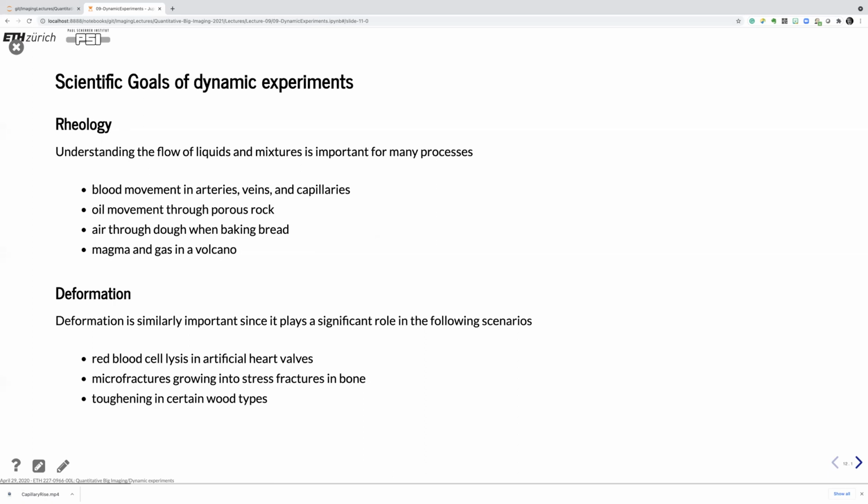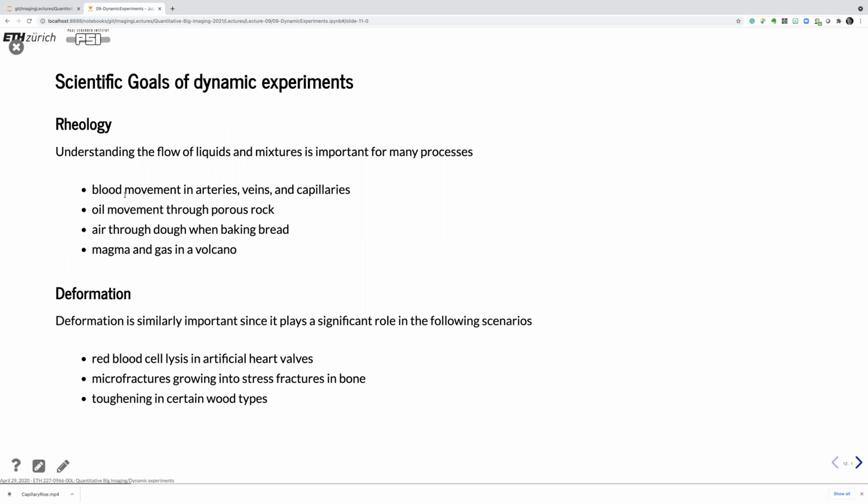Here we can see two different medical applications, and also one in, I would say, probably civil engineering: if you compress wood, what happens and how does it get tough. There are some manufacturing processes doing this.